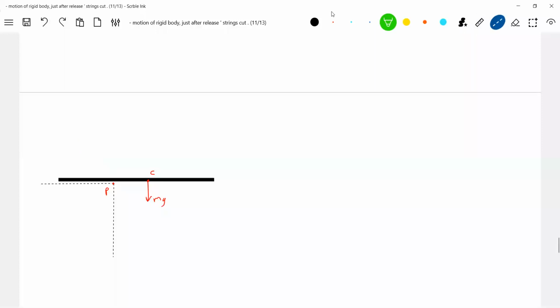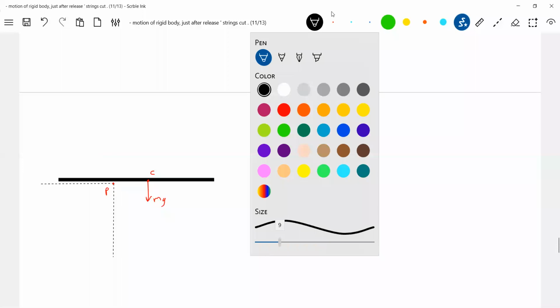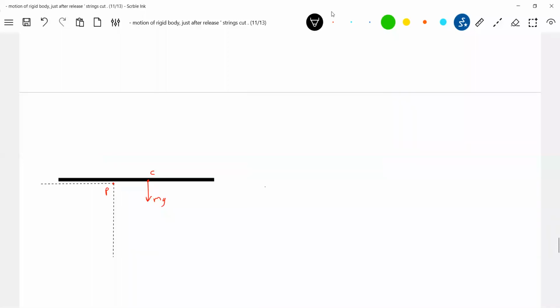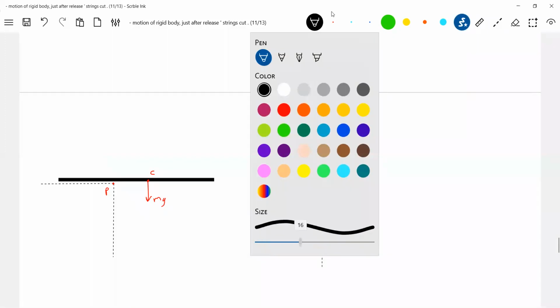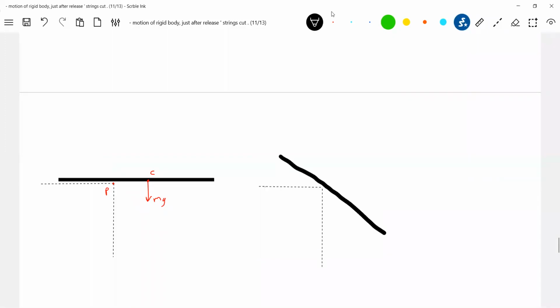I'll put some dotted line. And what is the next position of the rod? After this, the rod will start tilting. So which point of the rod was in contact?